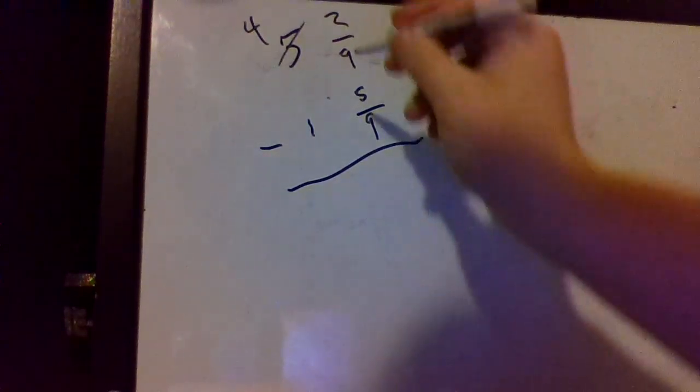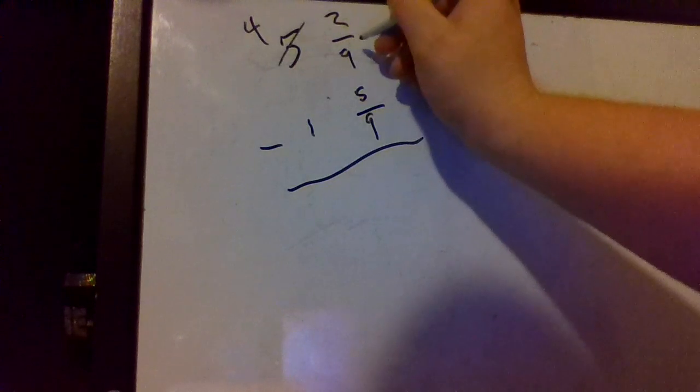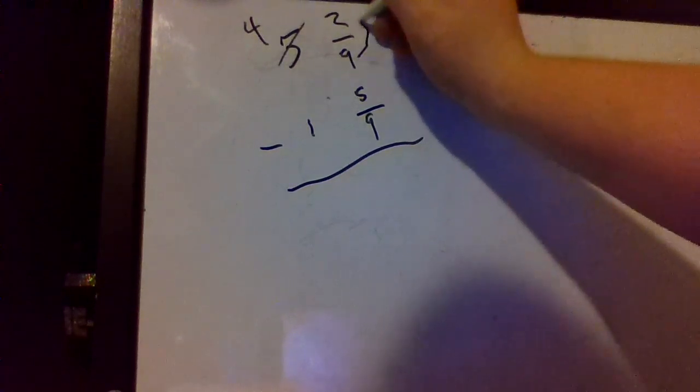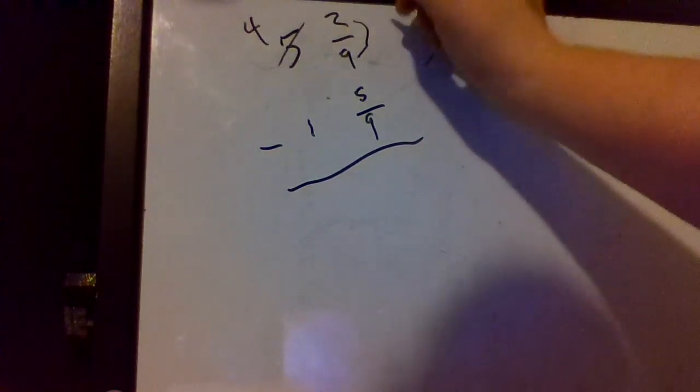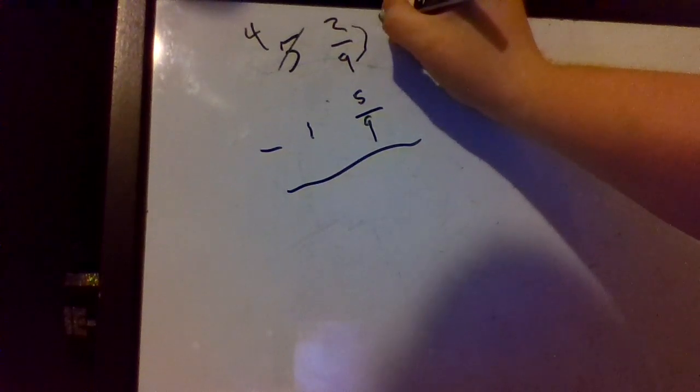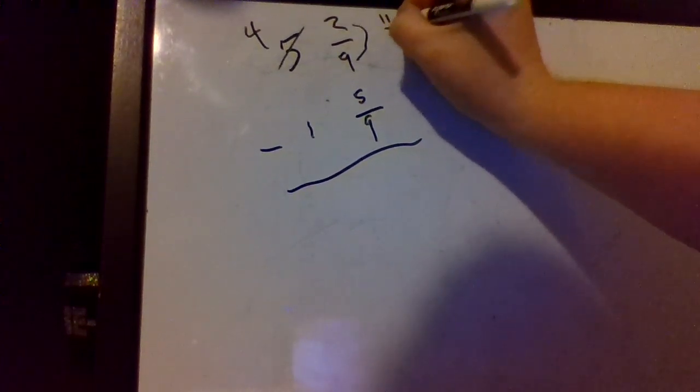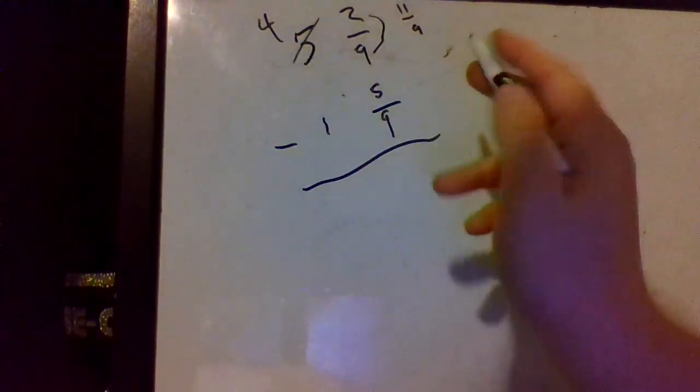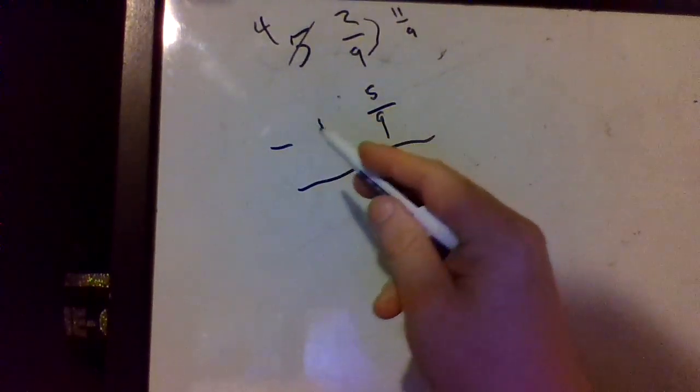Now when we take 1 from our 5, we're going to add the denominator up top. So 2 plus 9 is 11. 11 over 9. So 4 and 11 over 9 minus 1 and 5 over 9.